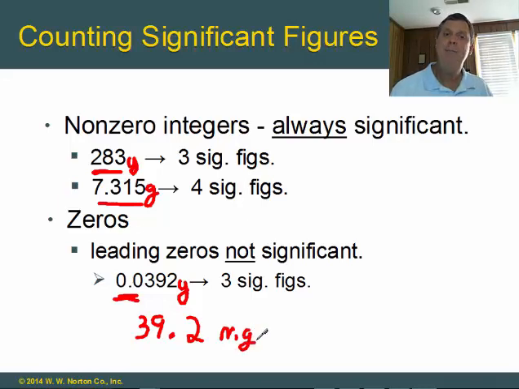It'll be the same exact mass, I'm just using different units. So the leading zeros never count. They just sort of go with whatever unit we're using. But it's the same mass. If I've got a sample of lead, whether it's 0.0392 grams or 39.2 milligrams, it's the exact same mass.